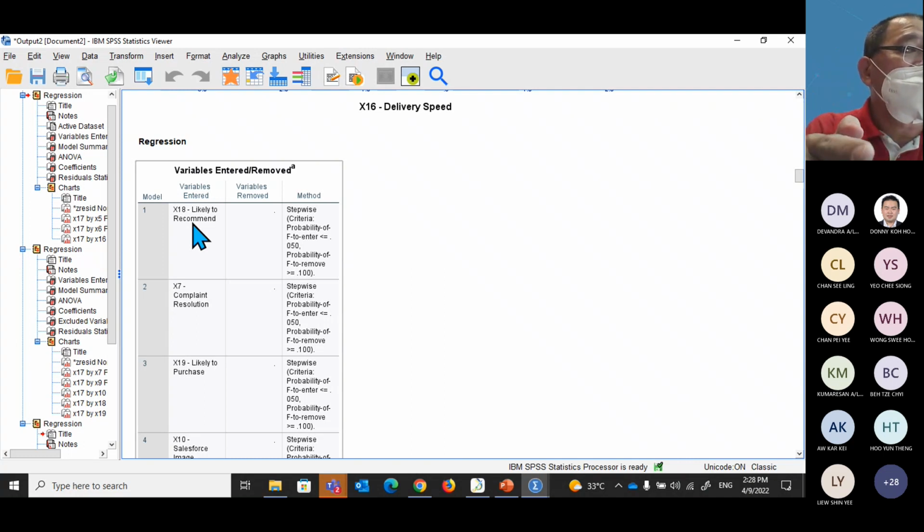In model 1, they include x18. They found it is significant because the p-value for the F is smaller than 0.05. Therefore x18 is already in the model 1. Now step 2, they include one more variable, x7, and the p-value of the F is still less than 0.05. Therefore x7 is also included.